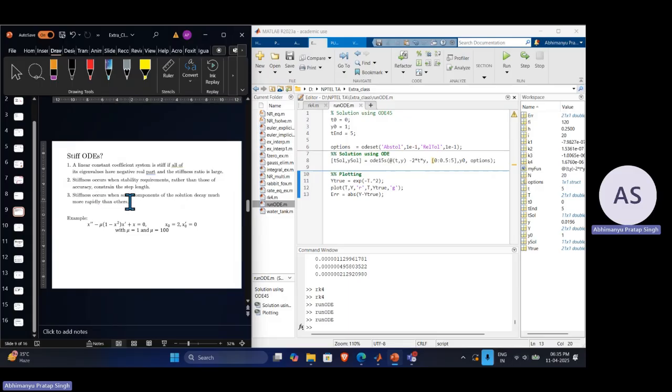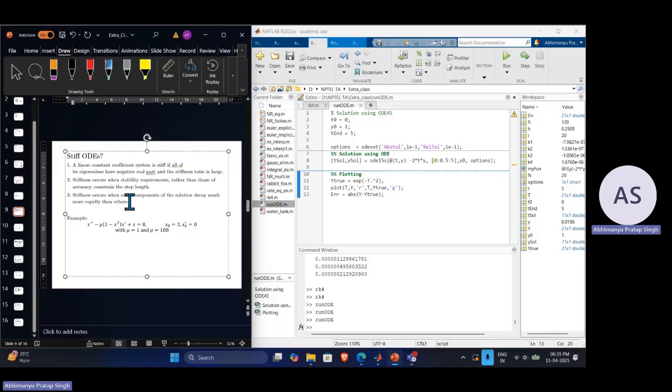So stiffness occurs when some components of the solution decay much more rapidly than others. If it's a linear constant coefficient system, it is stiff if the eigenvalues have negative real part and the stiffness ratio is large. If I write this as x dot is equal to Ax, I calculate all the eigenvalues of my A matrix. If the ratio of those eigenvalues is very large, then the system is stiff.